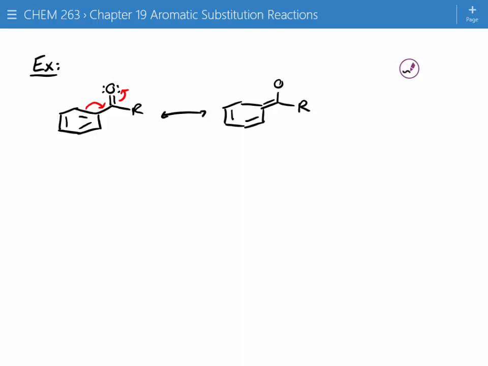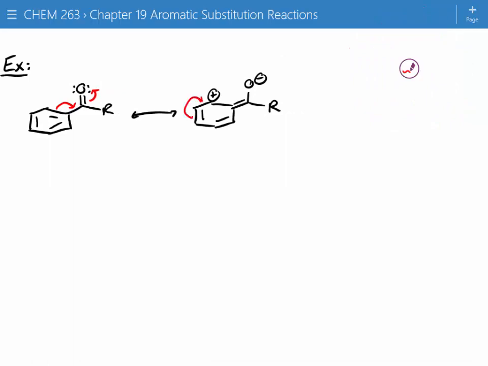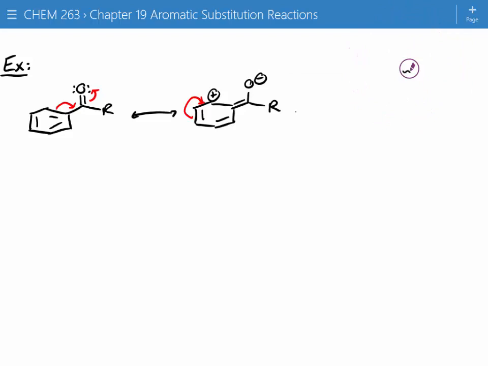Let me try to clarify that a bit. And then our oxygen has a negative charge. And we can keep on doing this, right? Let's move this around the ring. That gives us our positive charge in the para position.